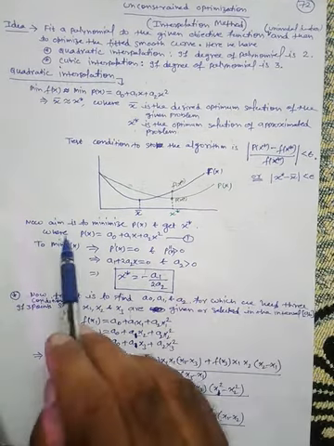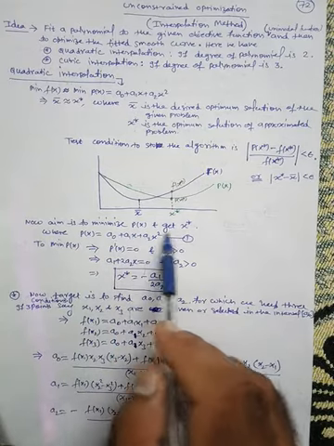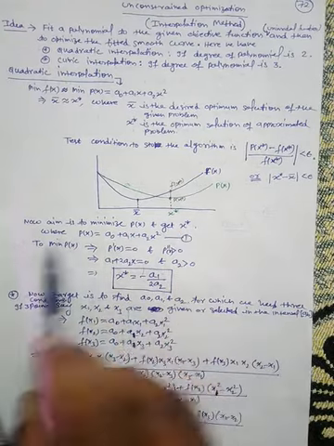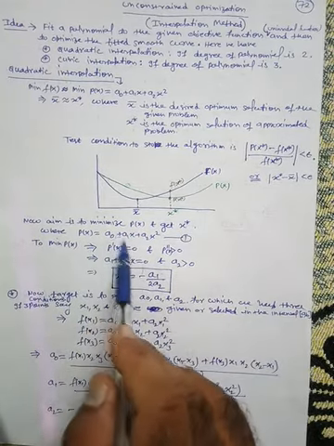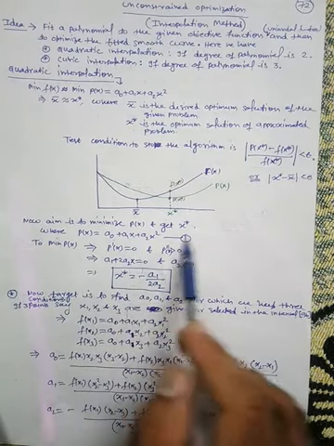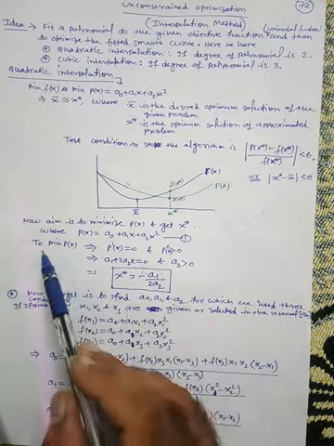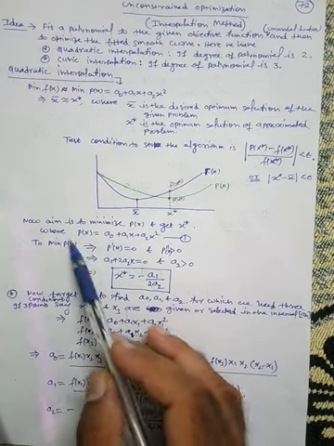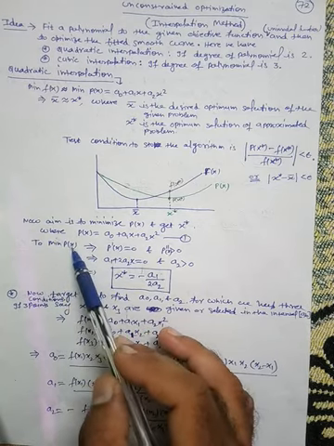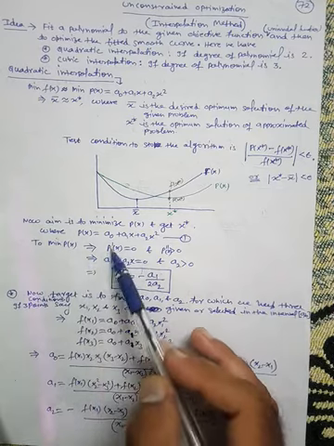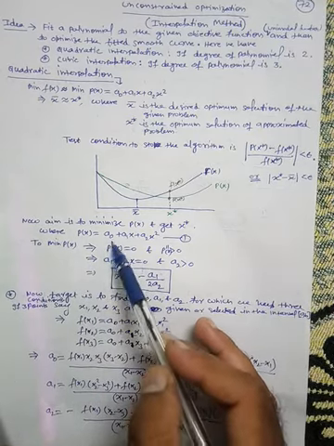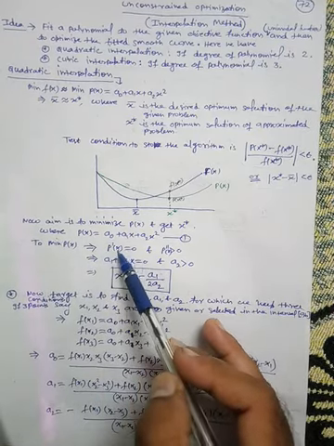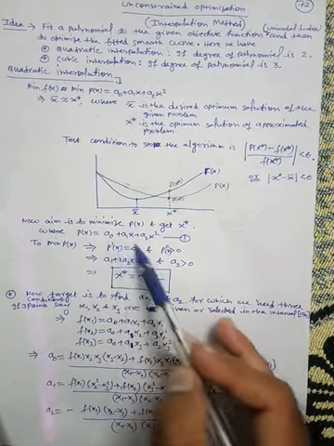Now the aim is to minimize p(x) and get x star, where p(x) is a0 + a1x + a2x². This is equation number 1. To minimize p(x), the derivative should be 0. This is the necessary condition, so take the derivative of p with respect to x and put it equal to 0.